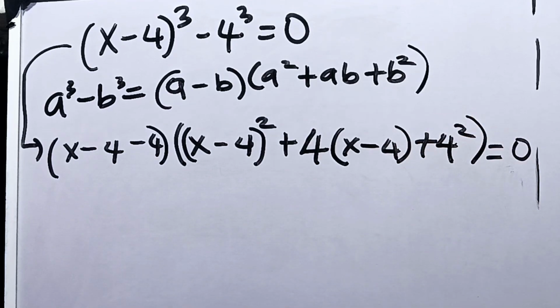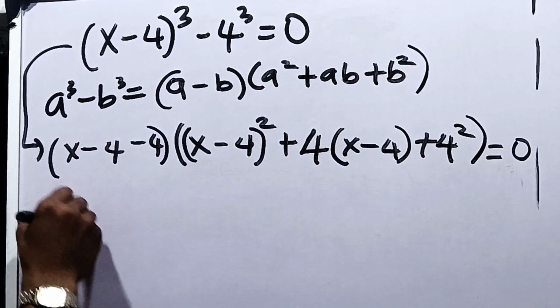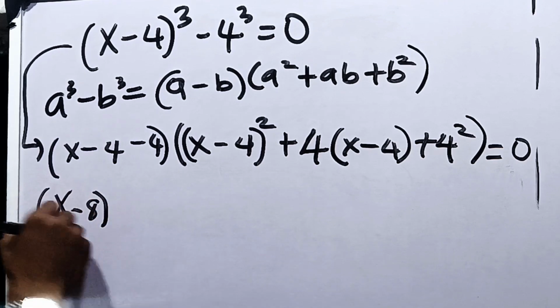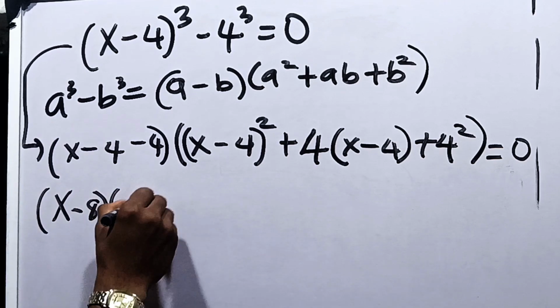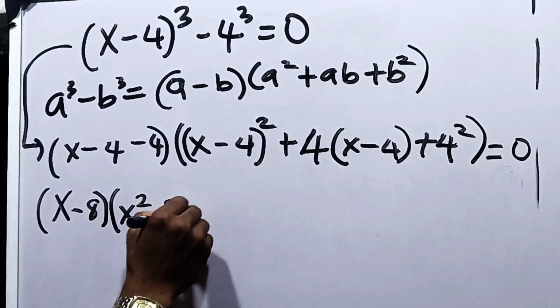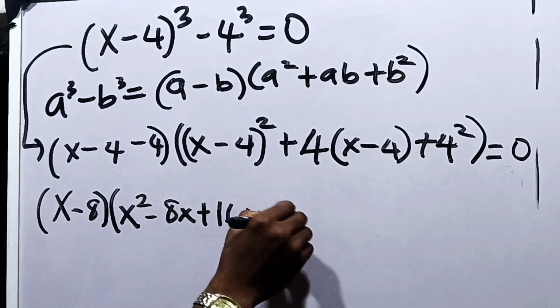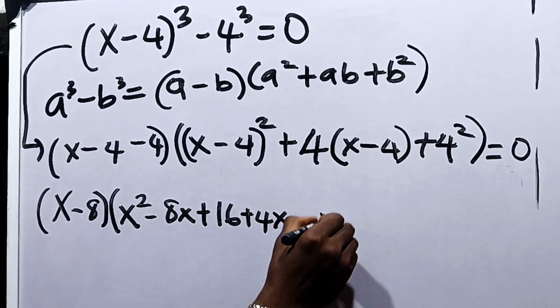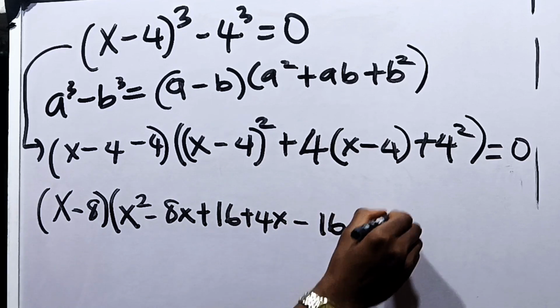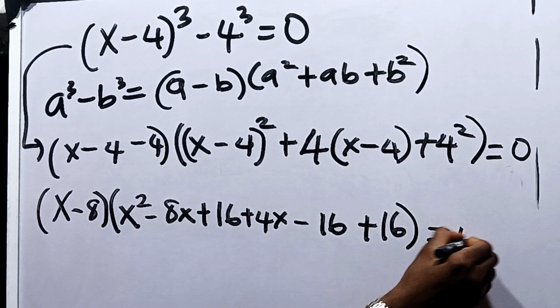Now from here we have x minus 8 multiplied by x squared minus 8x plus 16 plus 4x minus 16 plus 16 is equal to 0.